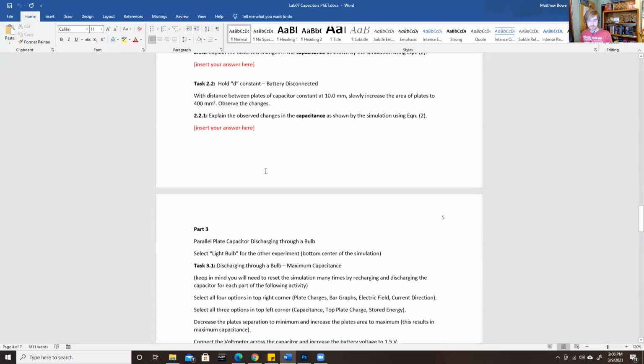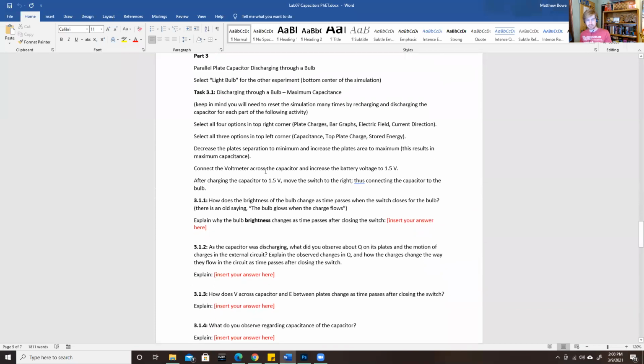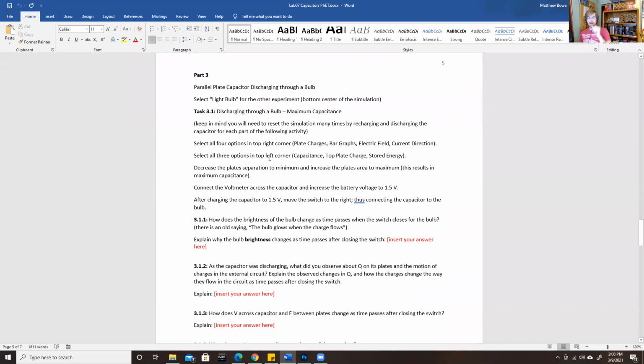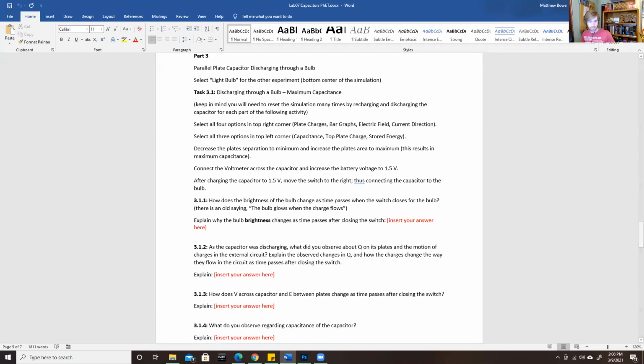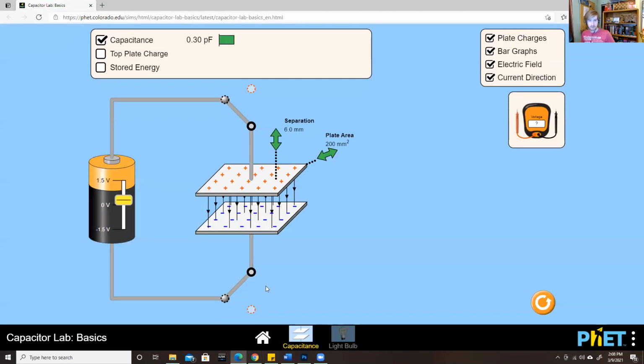So after we get through that, observations and measurements, then we'll go into a different section where we're going to be hooking up a light bulb. So that's part three. Let's go to that. What you can do, you can refresh the whole page, the top left, or you could just hit the light bulb button down here.